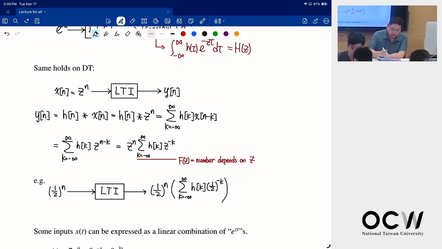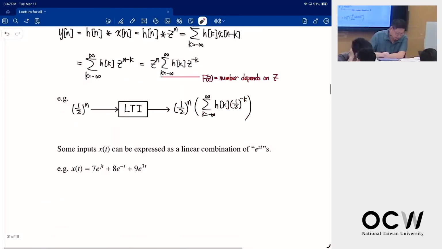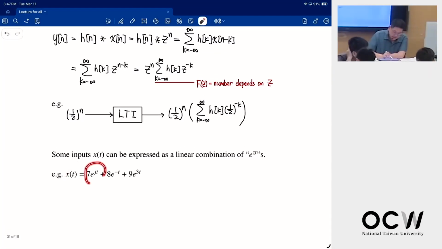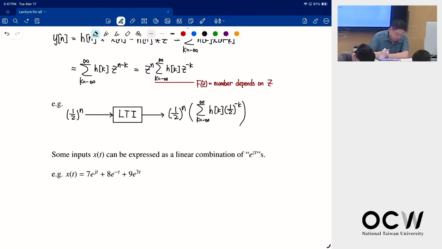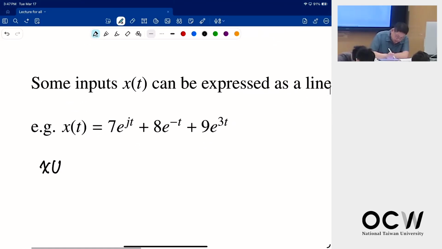So we can have more inputs, like a linear combination of your complex exponentials. Suppose the x is 7 times a complex exponential e to the jt, 8 times e to the minus t, and plus 9 times e to the 3t. What is the output? So the x is sent to the LTI system.